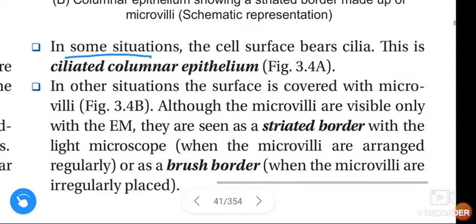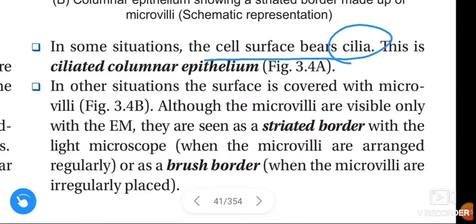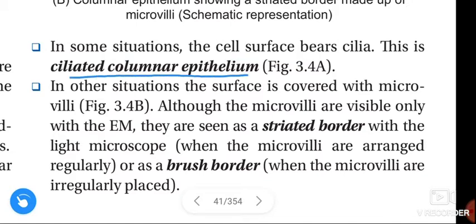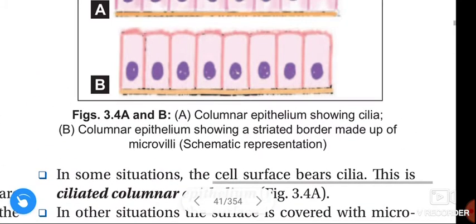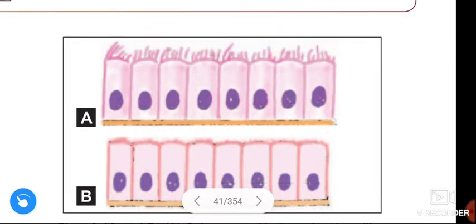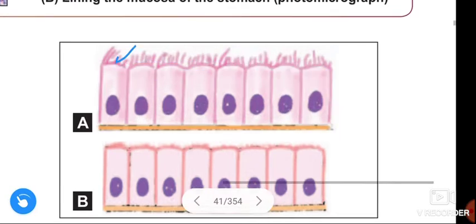In some situations, the cell surface bears cilia. This is ciliated columnar epithelium. See this figure. This is the ciliated columnar epithelium. This is the cilia.